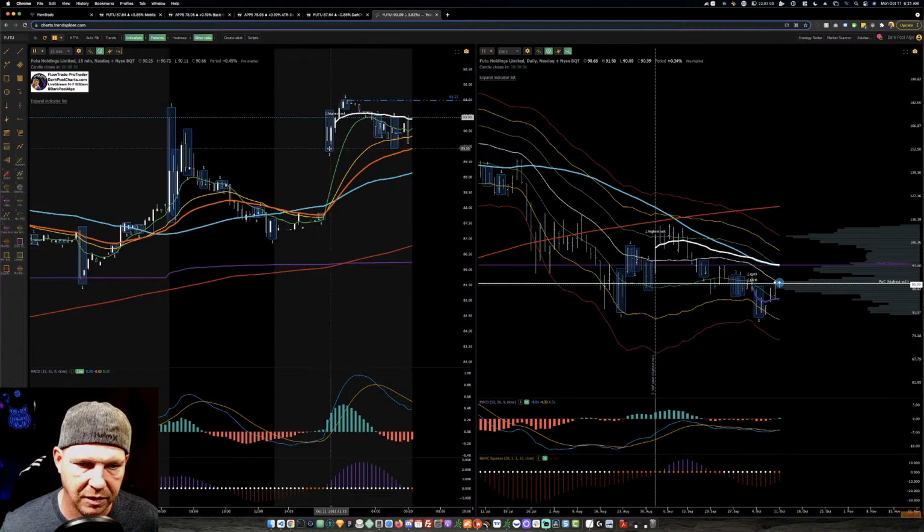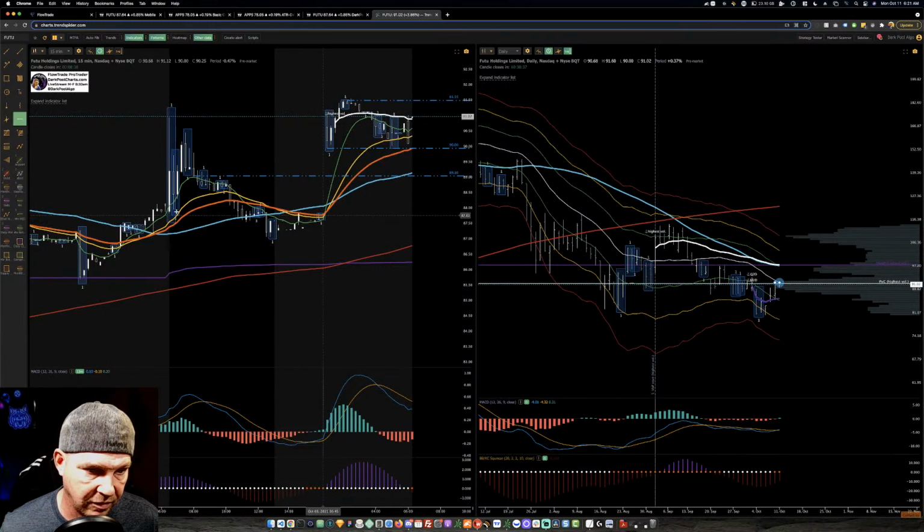We've got support. The 34 EMA support is doing its job so far. We could easily come back down and test this 50. What I don't want to see is this gap filled all the way down to 87.50. I mean, there's a move there.